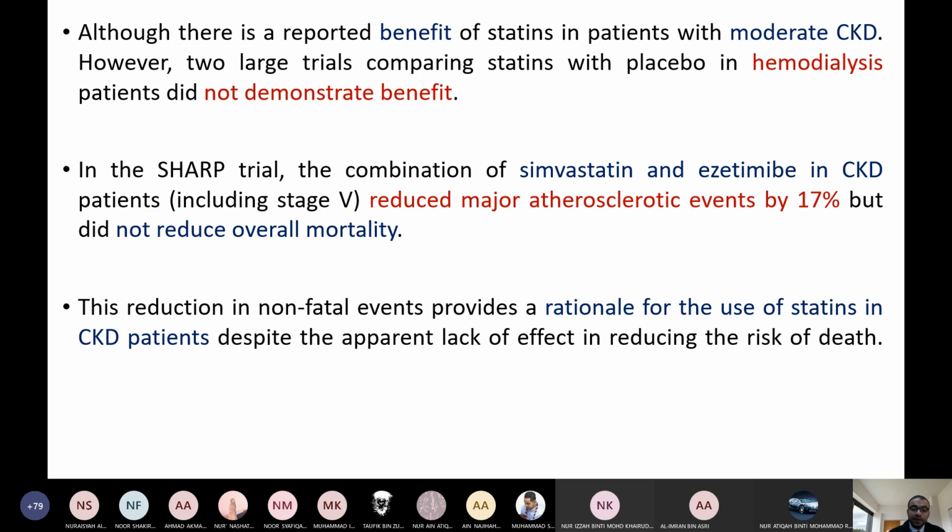This reduction is in non-fatal events, and it can be a rationale for statin use in CKD patients. So in general, as I mentioned, statins are recommended in CKD, except for those patients who didn't receive a statin before and are already on dialysis. Those patients don't get so much benefit.